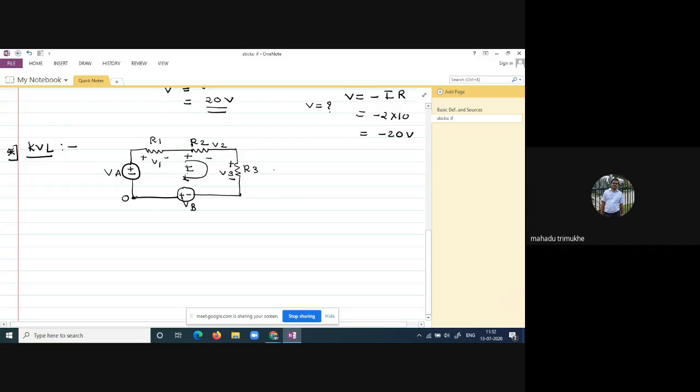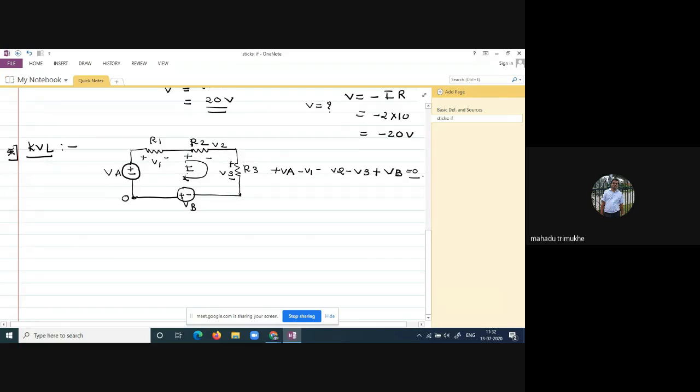So first your voltage source is VA, minus your voltage across R1, that is minus V1, minus V2, minus V3, plus the second voltage source VB, is equal to 0.